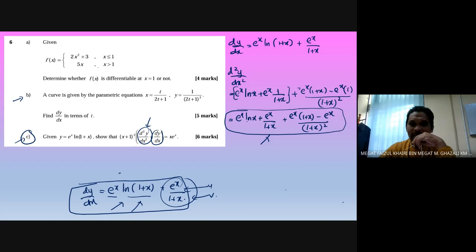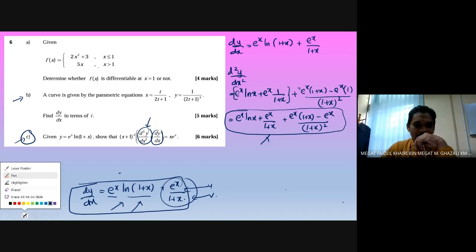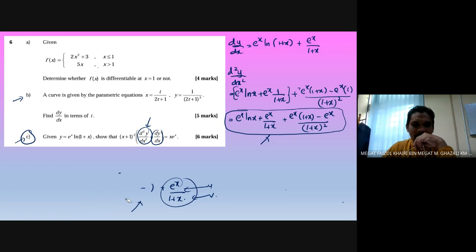And second derivative. Okay, saya salin semula dy/dx dengan second derivative first. This is our second derivative.